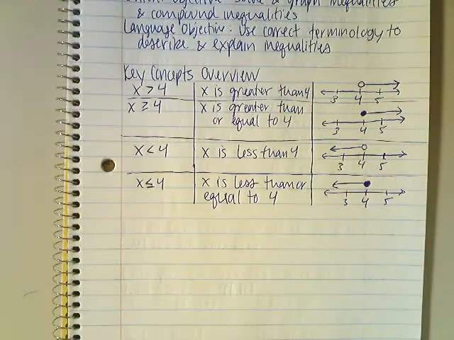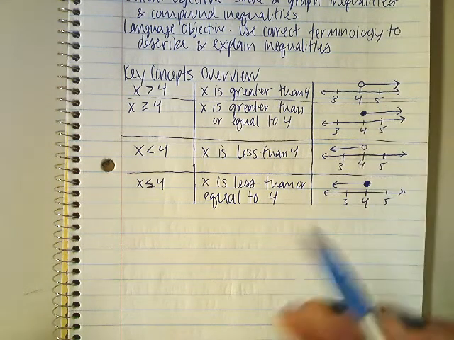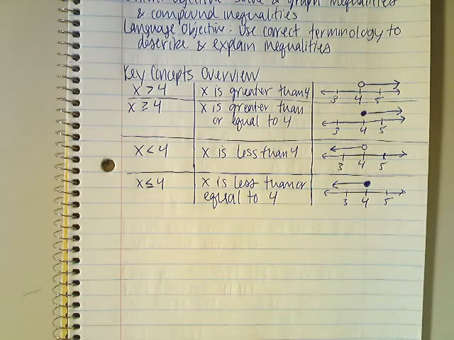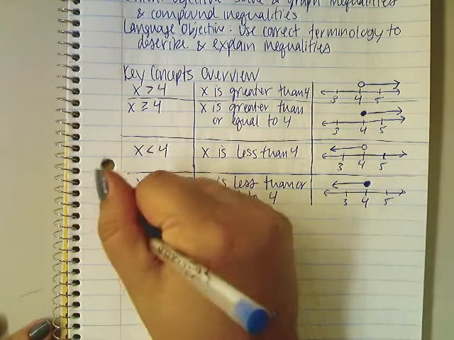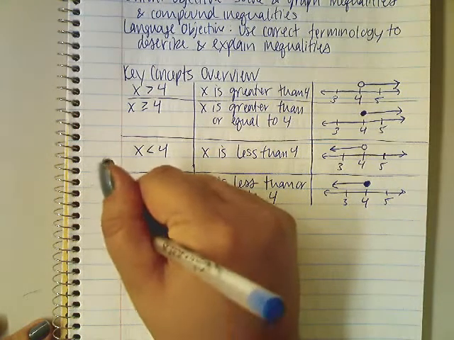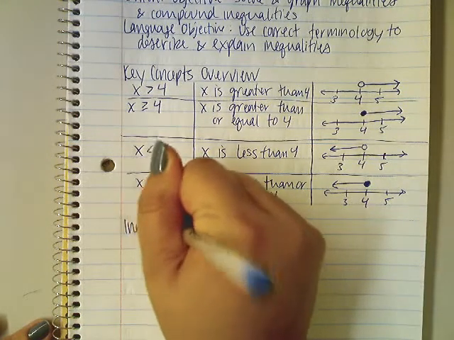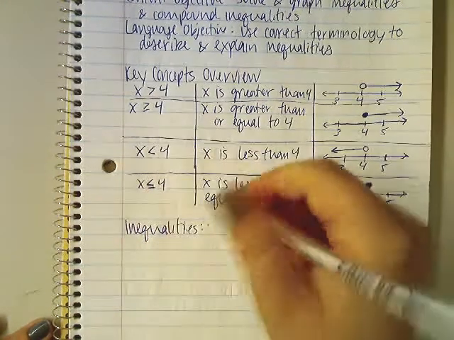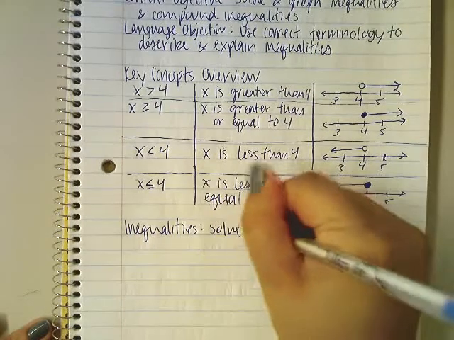Other than that, solving inequalities is just like solving equations. The only thing you need to remember when solving that's different than an equation, besides the graphing, is that when you multiply or divide by a negative, you switch the inequality. So inequalities, you solve just like equations.